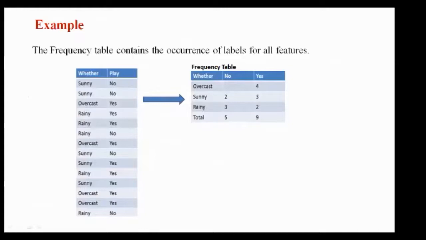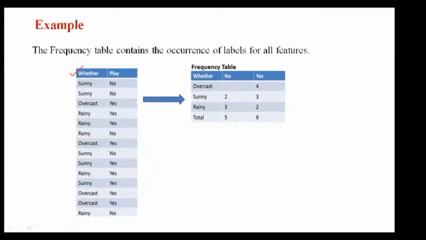Only one attribute is written here, that is the weather condition, whether it is sunny. So only one attribute is taken from that table. In the training example, weather can be sunny, it can be overcast, or it can be rainy. So three conditions are mentioned in the weather condition.